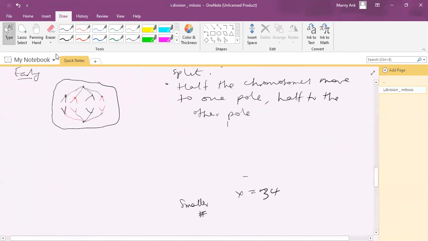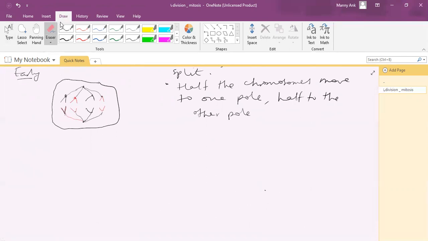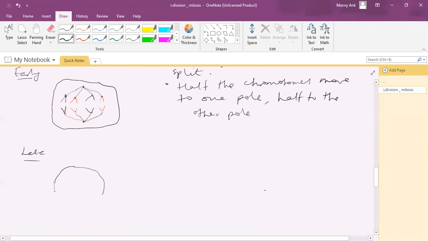So let's move on to the late anaphase. Late anaphase. So during late anaphase, what's happening? You have the chromosomes have almost reached their respective poles. All right. So you have something that looks like this. And then you see that the cell membrane begins to pinch at the center.